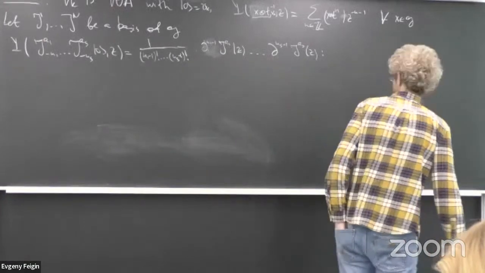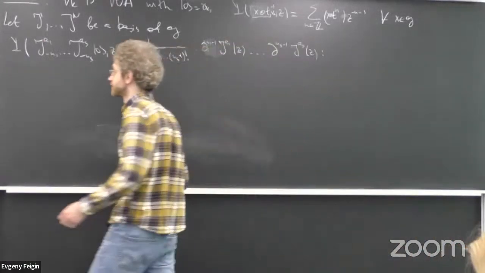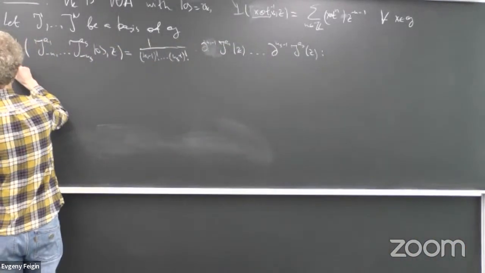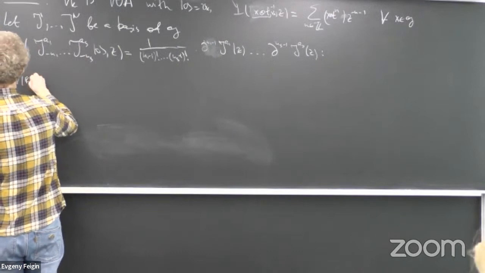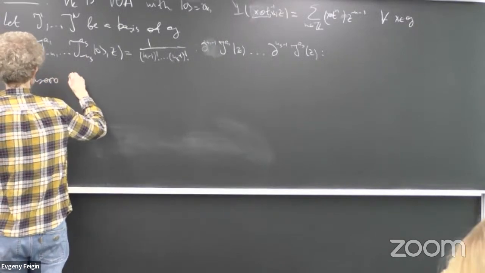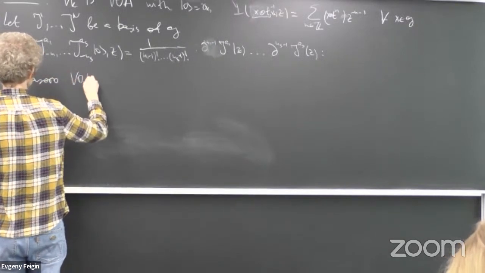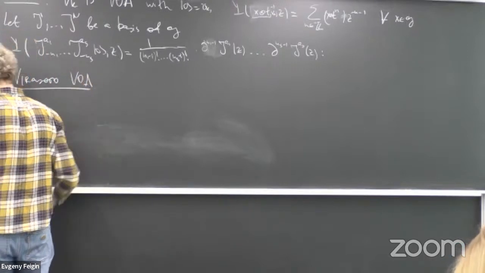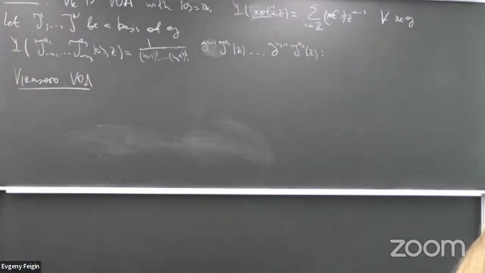So our next example is the Virasoro algebra, the Virasoro vertex operator algebra. Please note that we already have two quite non-trivial examples, Heisenberg and Kac-Moody.